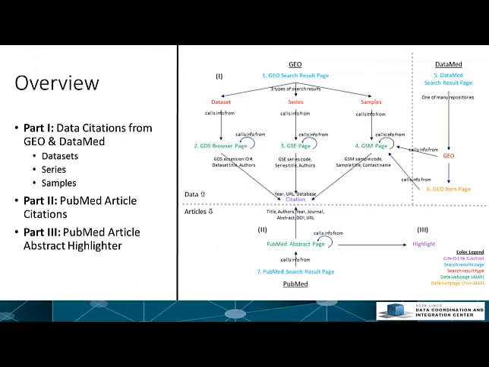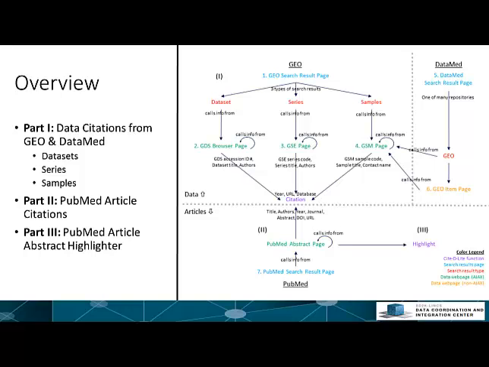So to take a look at the Chrome extension as a whole, you can see there are three main components divided on the right. The first upper portion handles citation of different types of geodata. So GEO is the publicly available Gene Expression Omnibus, a repository containing a lot of data.